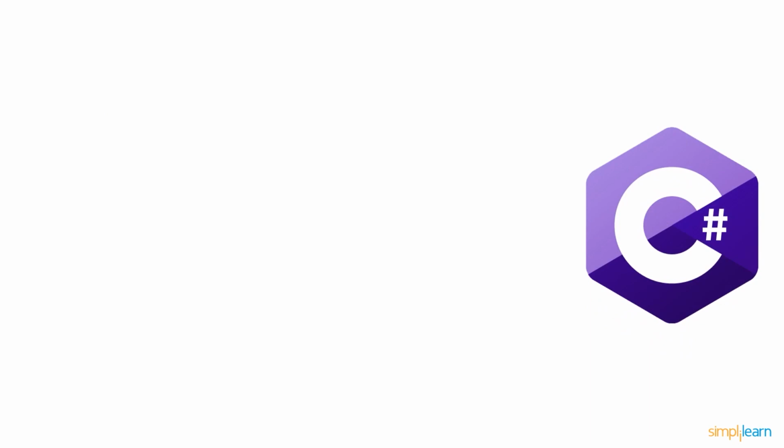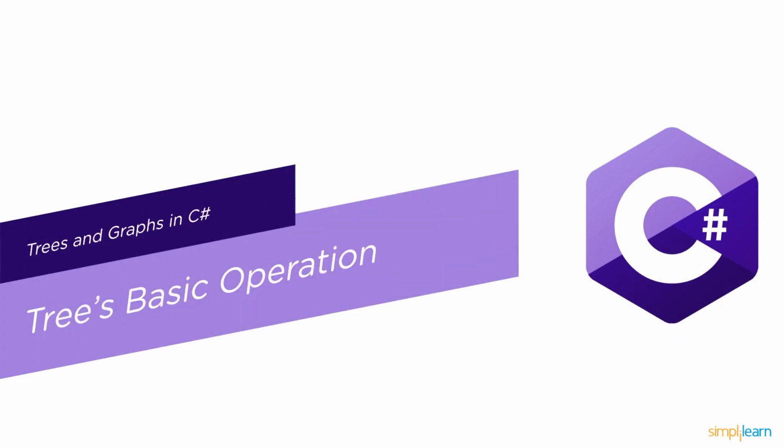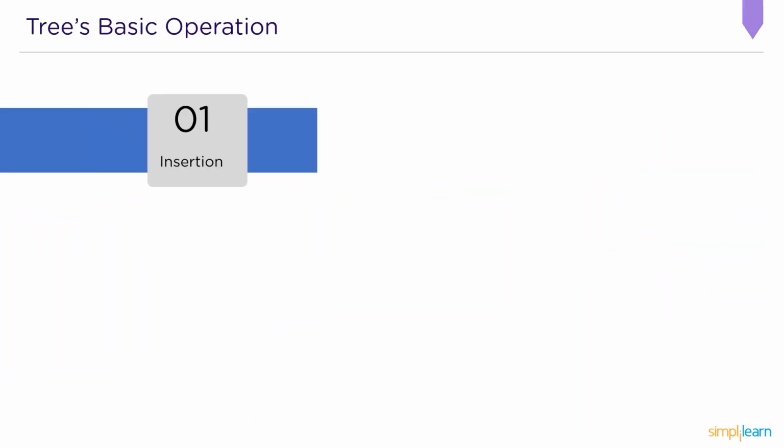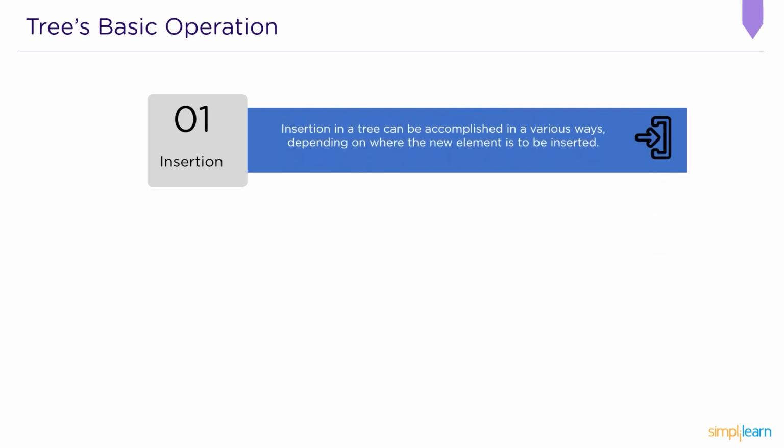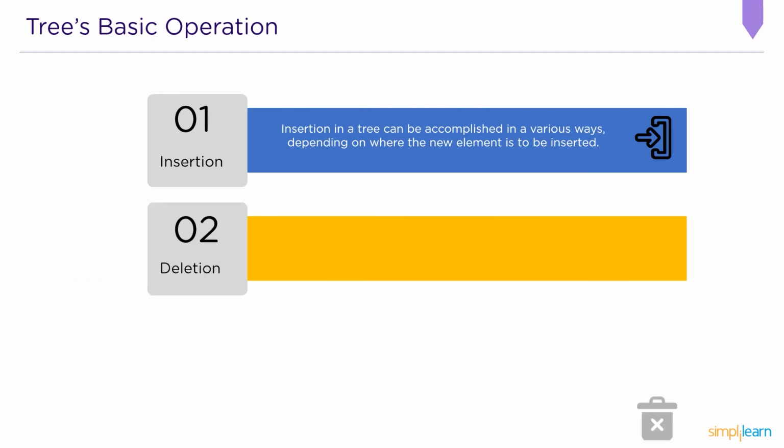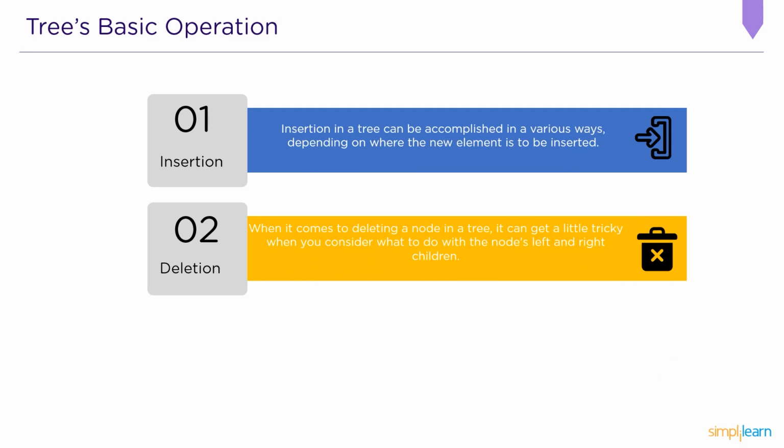Following that, we will look into some basic tree operations. First and foremost, we have the insertion operation in the tree. Let us try to define it. Insertion in a tree can be accomplished in various ways, depending on where the new element is to be inserted. Following insertion, we have the deletion operation performed on a tree.